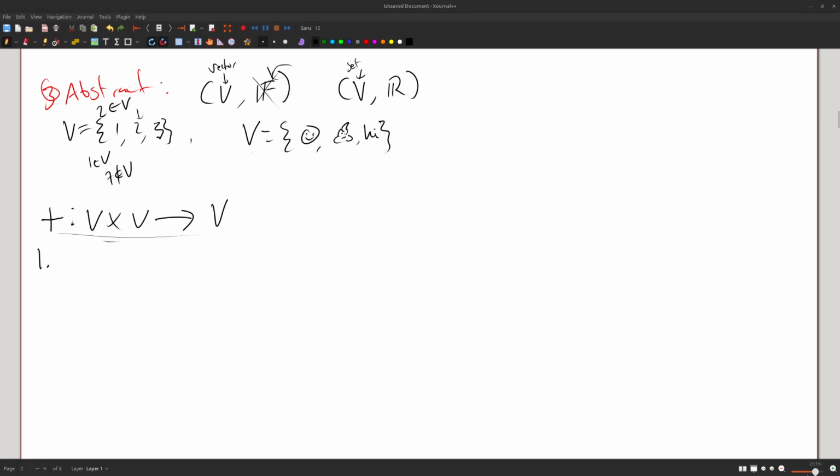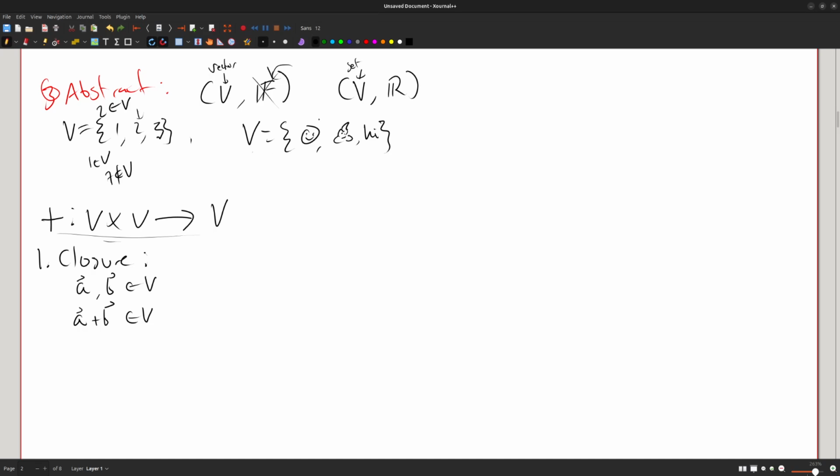Number one is closure. So this rule states that if you have, and actually I'm gonna stick with what I was using before, A and B are elements of your vector space, so for example, A could be smiley face, B could be the word hi, then when you add them together, that should also be in your vector space.